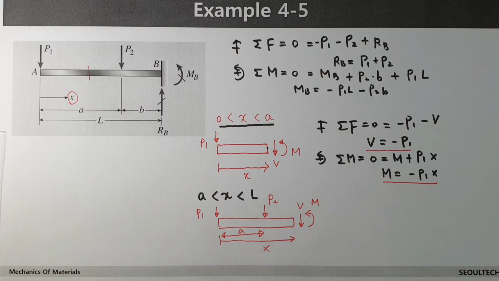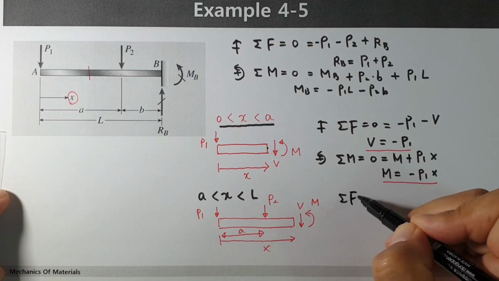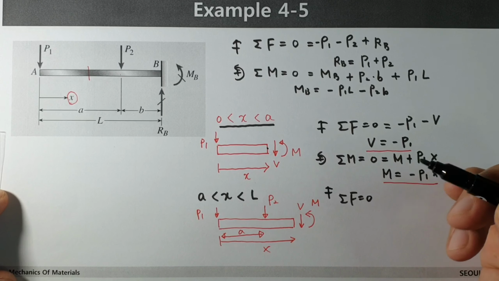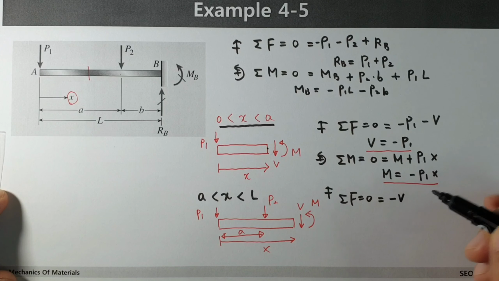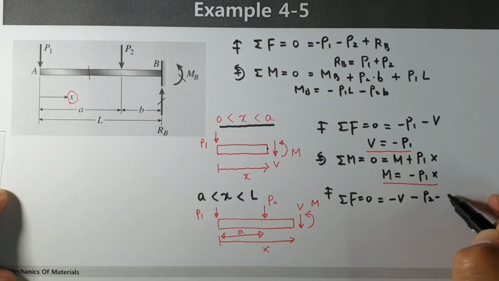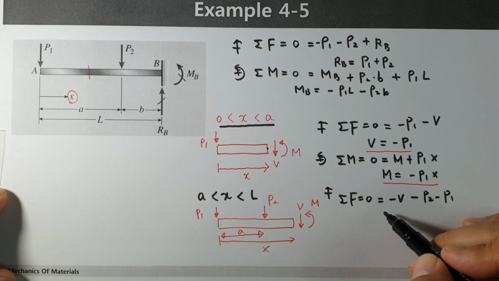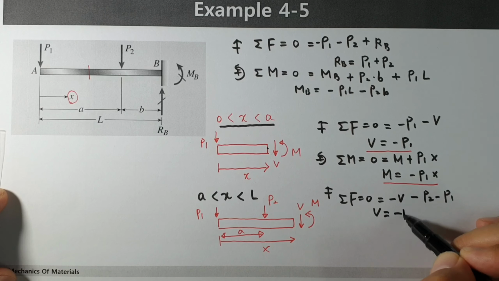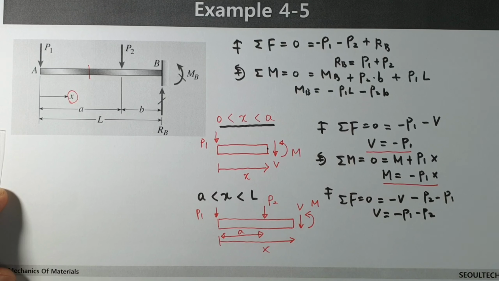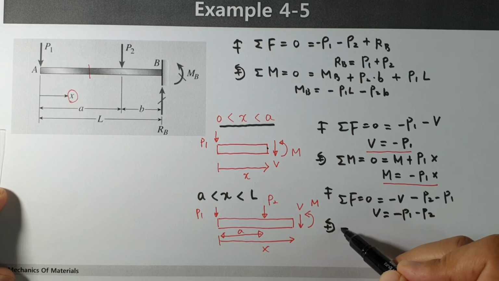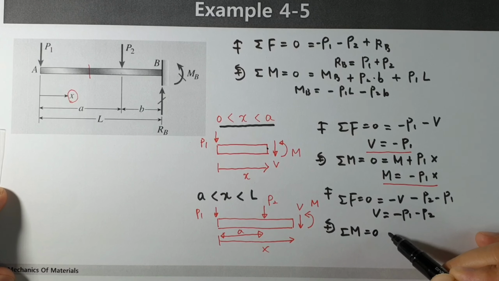Okay, then when you consider force equilibrium, F equals 0, with upward direction positive, this one is minus V and minus P2 minus P1. Then V equals minus P1 minus P2. And next, let's think about moment. Moment equals 0.